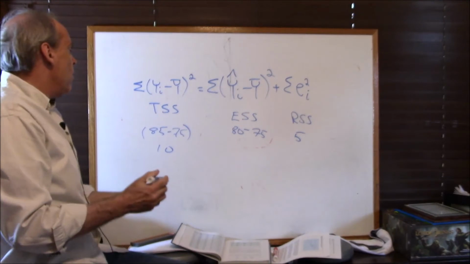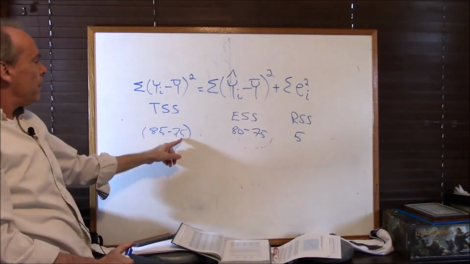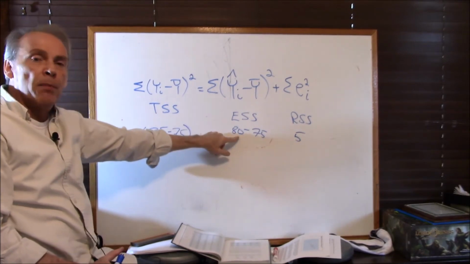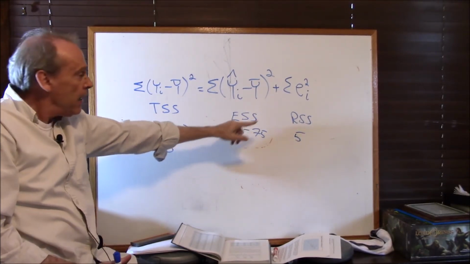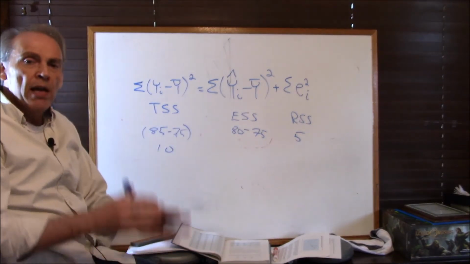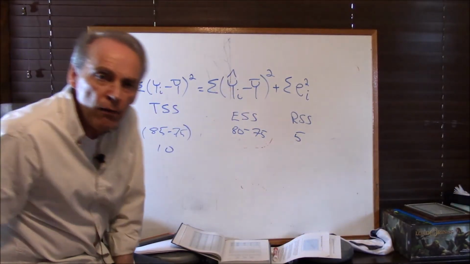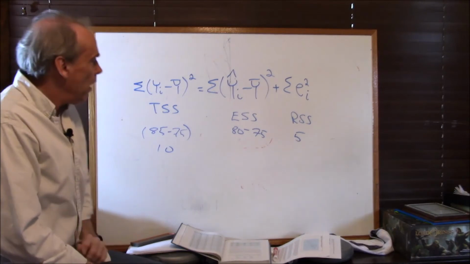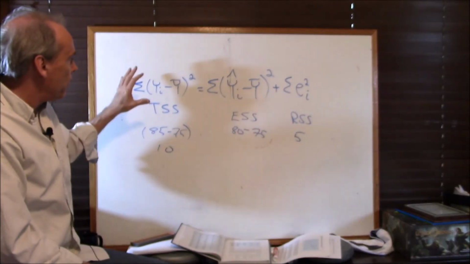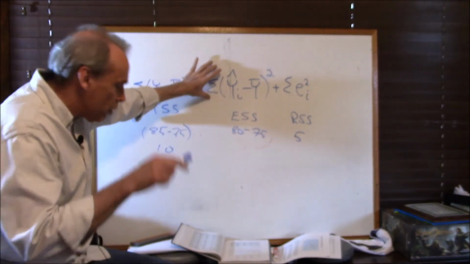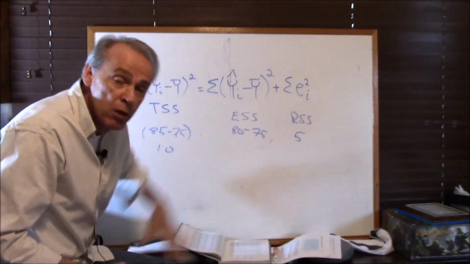So of the difference between the average grade in the class and little Jimmy's grade, your regression was able to explain half of it, and half of it was left unexplained. You do that for every single observation, that's what the summation symbol is here, and you can come up with the total that was to be explained, how much you did explain successfully, how much was left unexplained.